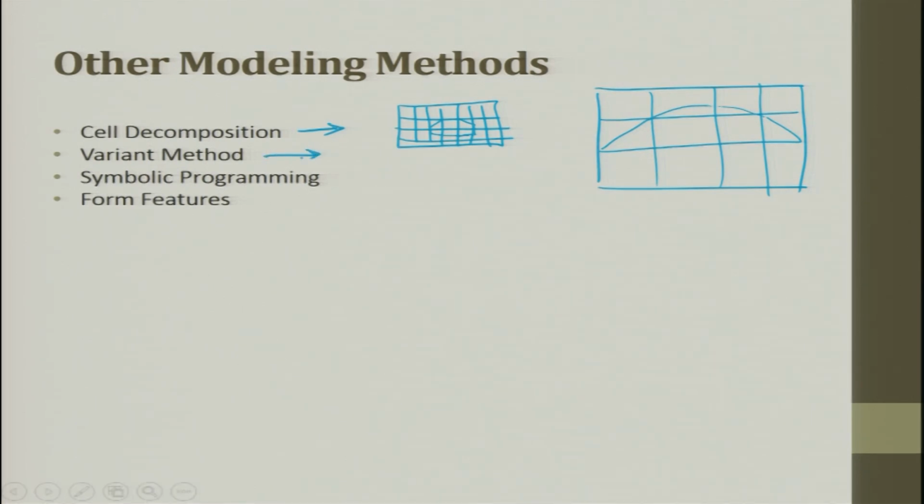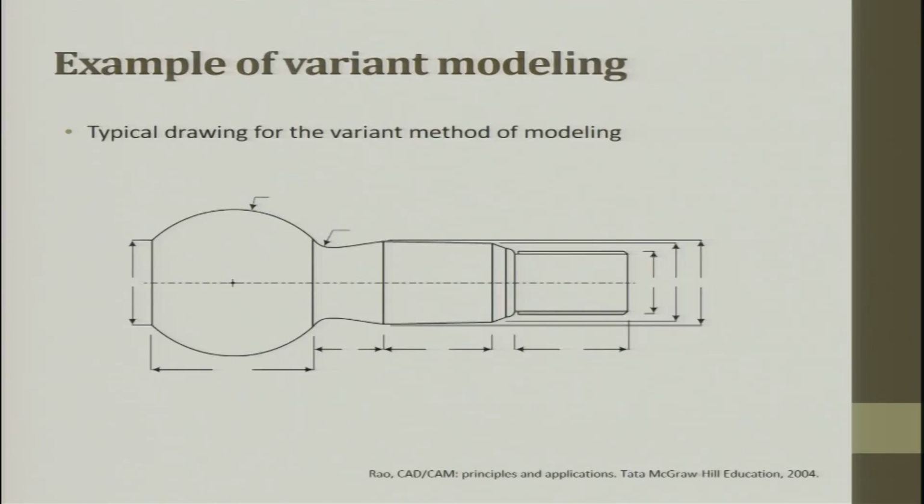Then we will also see what is variant type, symbolic forming and symbolic programming, and form features. So, this is a variant method of modeling. Here we define x1, x2, x3, x4, x5, 6, 7 and 8. These x1, x2, x3 all have some relationship, and this relationship is already established. So all you can do is drop in these values and get different shapes and sizes of the same component.